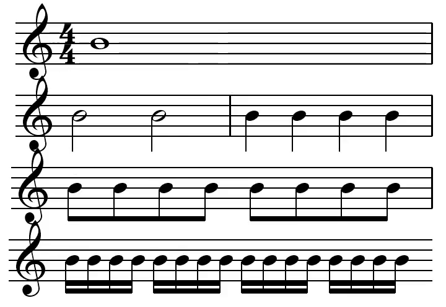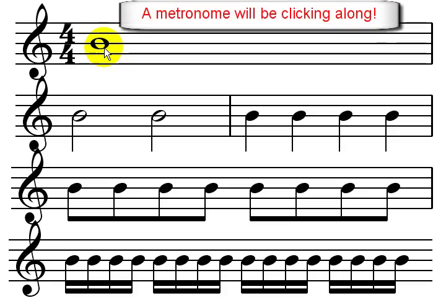Could you hear how the note durations are cut in half every time a new note comes along? What we'll do now is have a metronome playing in the back of the music. A metronome is a machine that simply plays a steady rhythm.